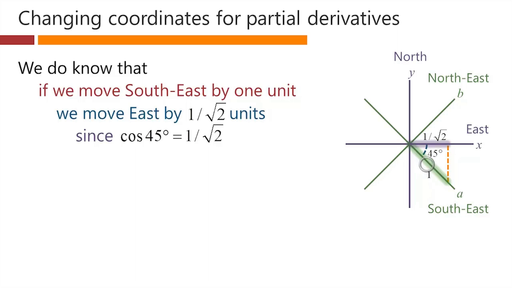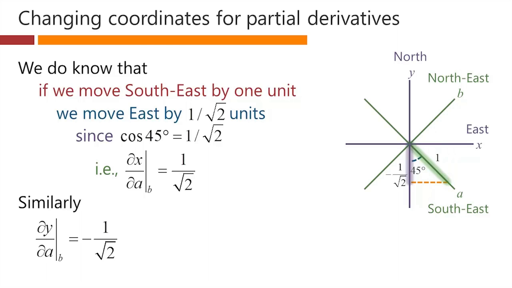So moving 1 unit along here in the southeast direction means we move 1 over root 2 units along the east direction. So in other words, the rate of change of x with a at constant b is, in this case, 1 over root 2. That's how much this changed as we moved along this line by a unit amount.